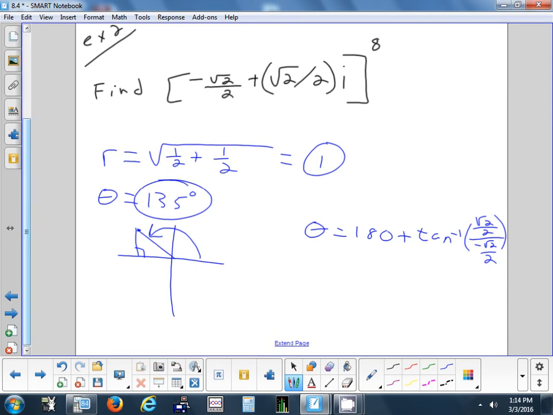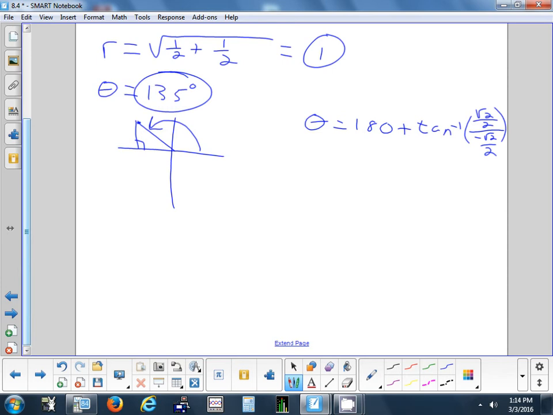All right, so we got my radius, we got my angle. This time, because the radius is 1, I'm not even going to write it. So it's just cosine theta plus i sine theta, and we're raising it to the 8th power. What's my new radius going to be? Still 1, because 1 to the 8th power is 1. And how do I get my new angle?